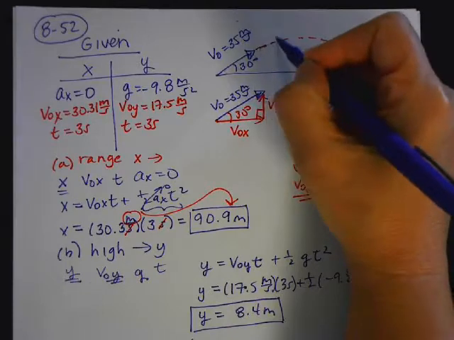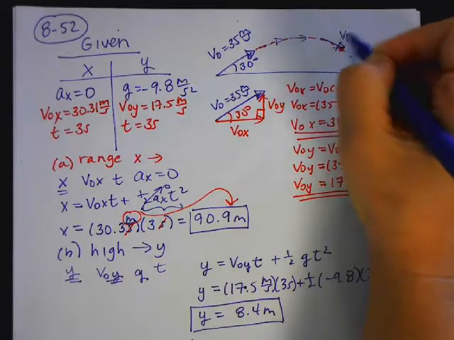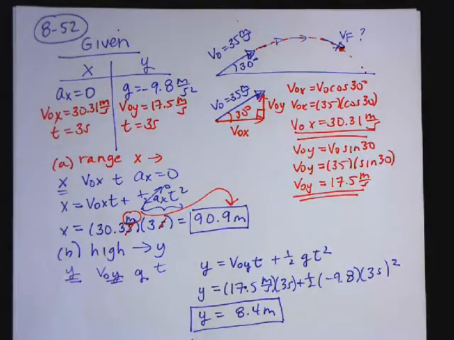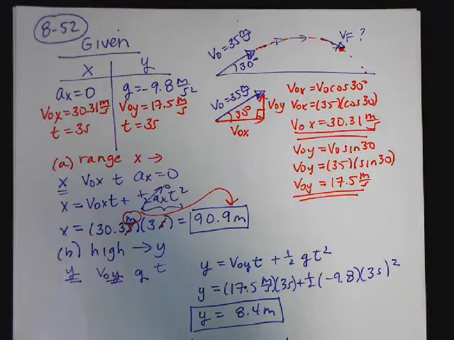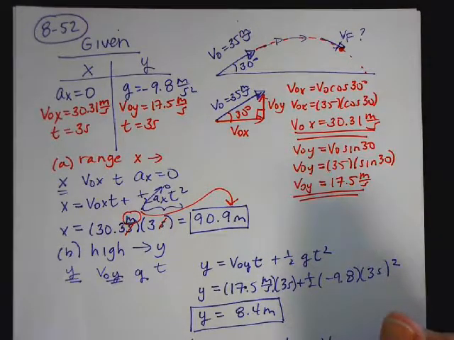Is VF like this? Is it up here? Is it down here? Where is VF? Well, the first thing I know is that the horizontal component of the velocity doesn't change. So VFX is equal to V naught X, which is equal to 30.31.